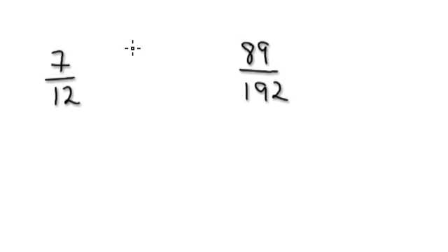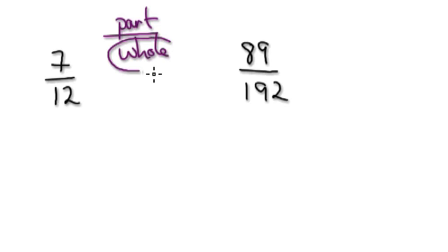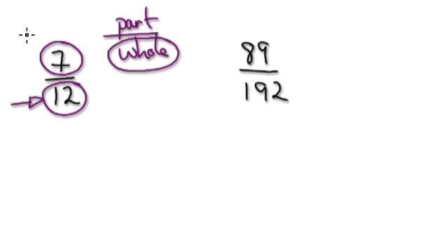To remember, it's always part divided by the whole thing. So the number at the bottom represents our whole thing, in this case all the questions. There are 12 questions altogether, and you got 7 correct, so this would be your part.